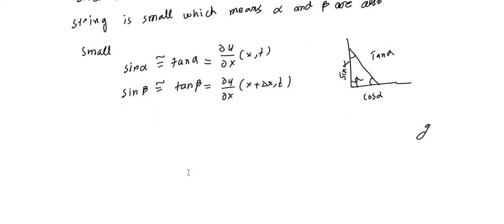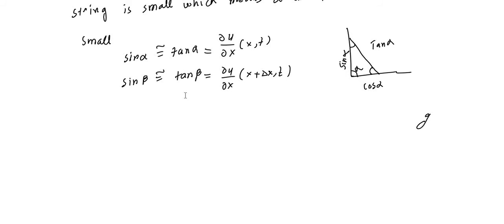Okay, this is not the rate of deflection, it's actually the proportional change, the proportional deflection with respect to your distance. So now it implies that your acceleration, this was your acceleration, is equal to, I am replacing the sine alpha and sine beta in the above equation.